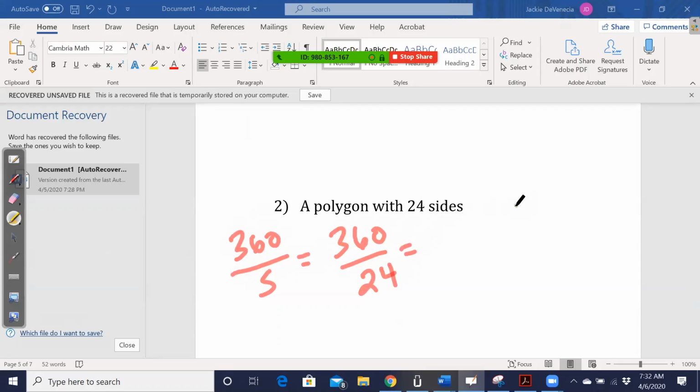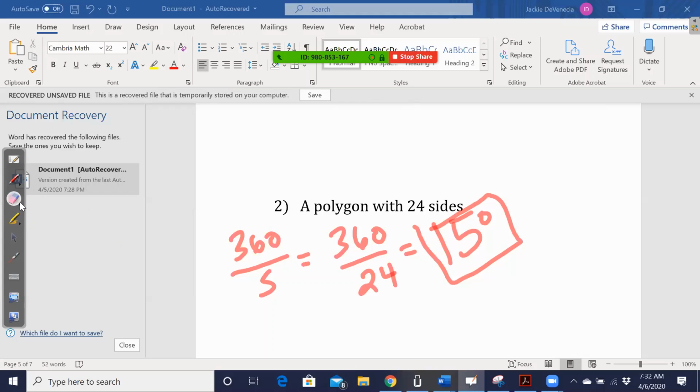If we put this in the calculator, we would get 15. The angles of this polygon would be 15 degrees. And it's going to be that same degree for the whole figure.